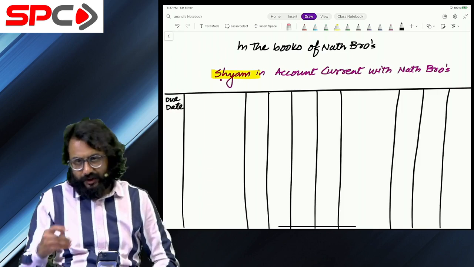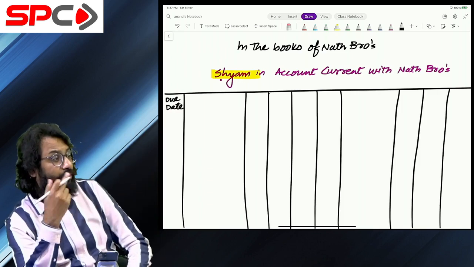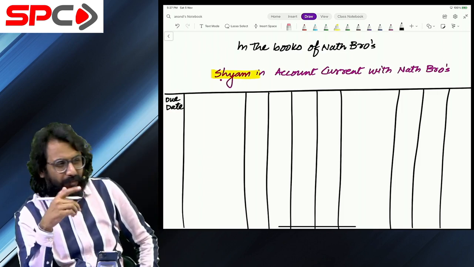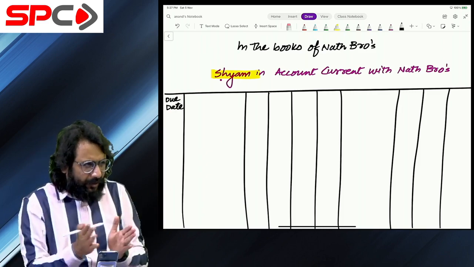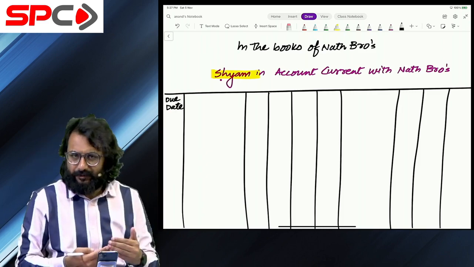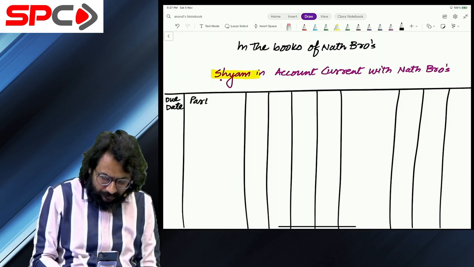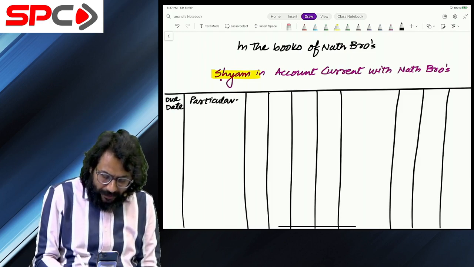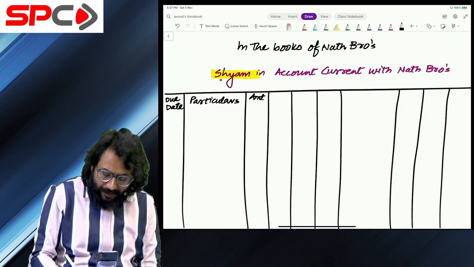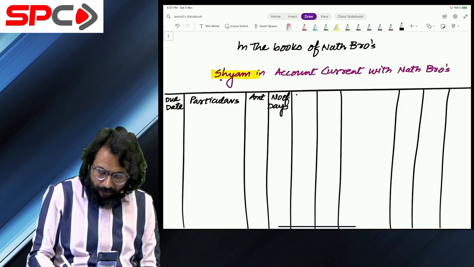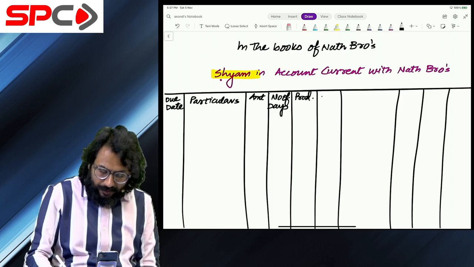In some books they write date and then also due date, but because the space is very cramped, I am writing directly due date. Then particulars, then amount, then number of days, and then product.